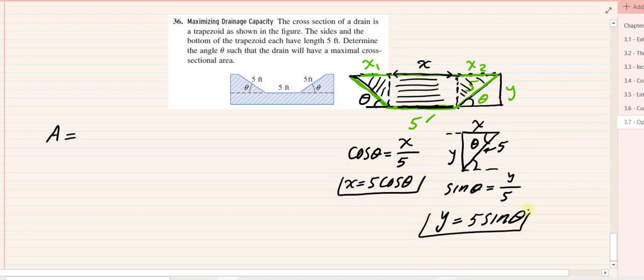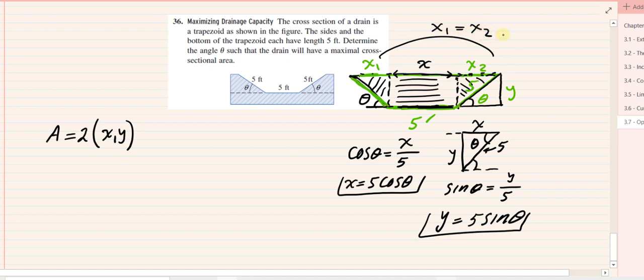Now the area of the triangles, because there are 2 of them, is going to be 2 times base times height. Well, base is x1 times y. Now x1 and x2 are equal here by symmetry.